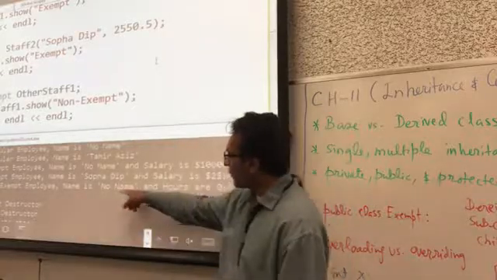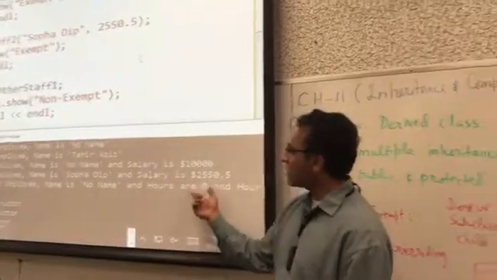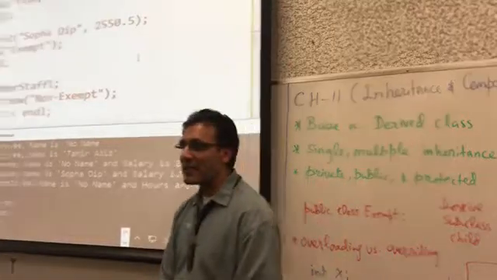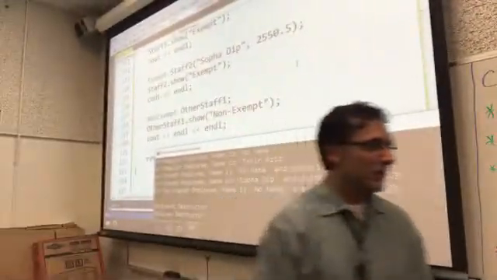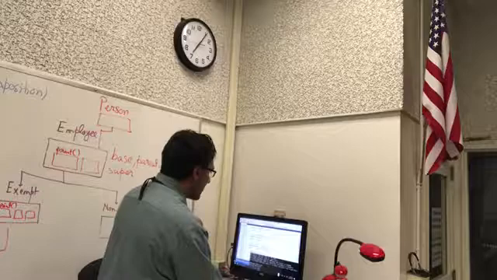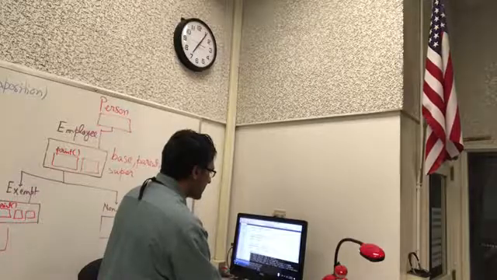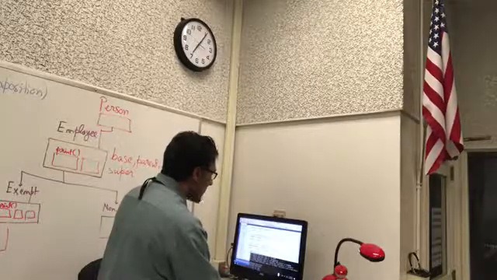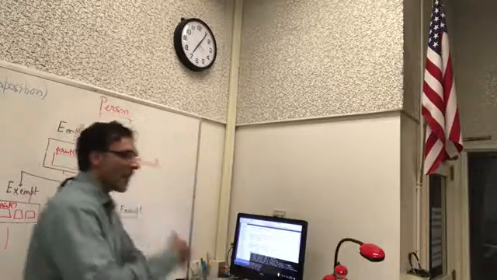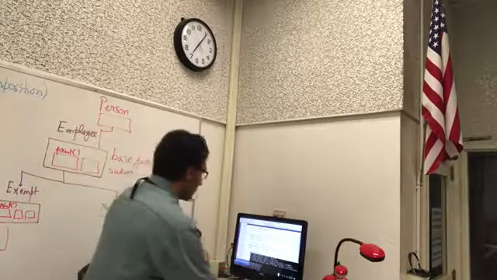For the non-exempt employee, no name and hours were not passed. Nothing was passed. So as you can see, we were able to access our derived classes as well as our base class. This name is being displayed because I was able to access the higher level.